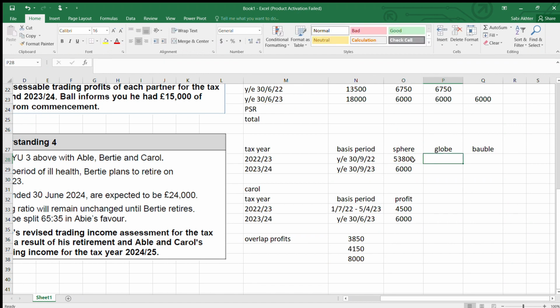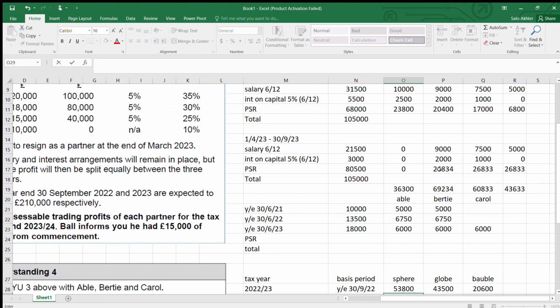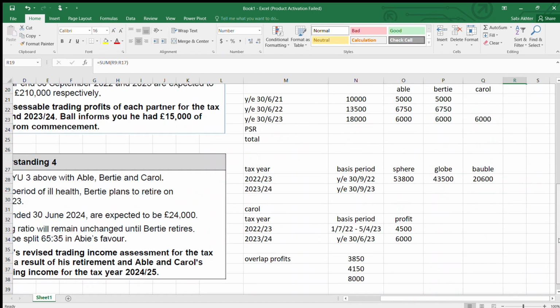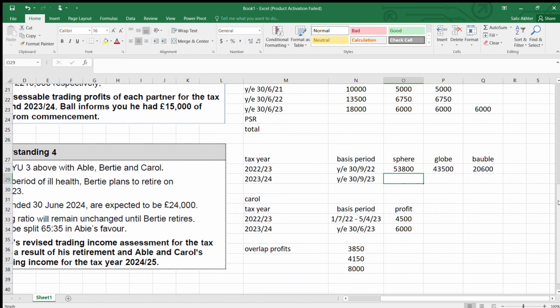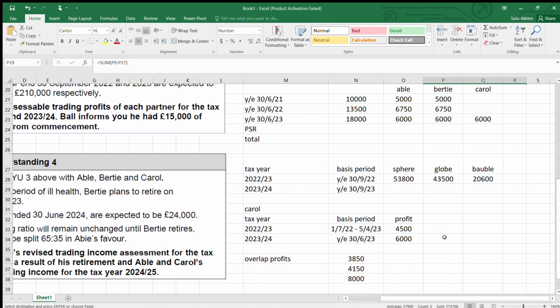Let's quickly write it here. 53,800, 43,500, 2,600. Then here it is this: 69,234, 60 and 43. These three amounts. Copy, paste the values. That's it. Okay.